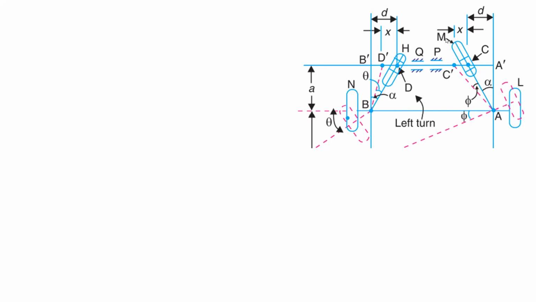If it is a right turn, right wheel is your inner wheel. So theta is the angle of turning of inner wheel. Phi is the angle of turning of the outer wheel. So the angle by which this link will also turn will be the same. Means theta you show here, then same theta will be reflected here because it is the same link.